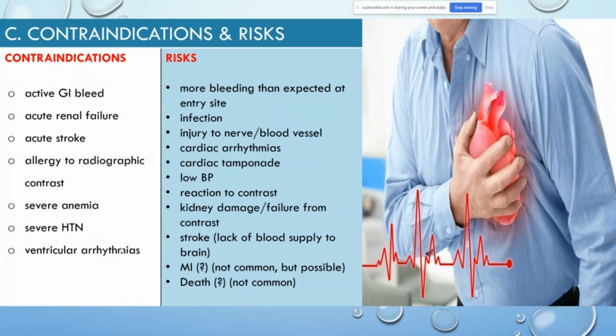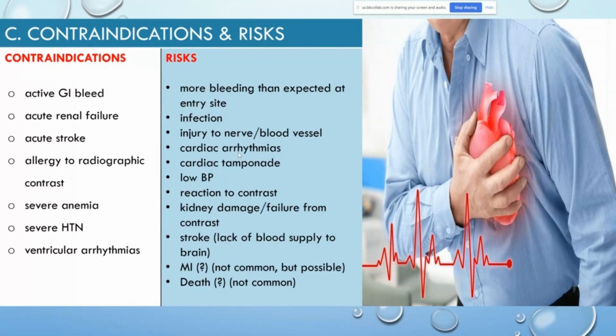So some of the risks would be that the patient could have more bleeding than what they would expect. They could become infected, because remember they are inserting something in you and making an insertion in your skin. You could injure a nerve or a blood vessel. When they do a cath, they could actually create arrhythmias if the person didn't have one before. It could cause cardiac tamponade, which we should have talked about.